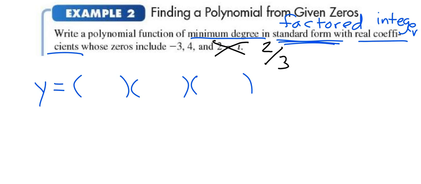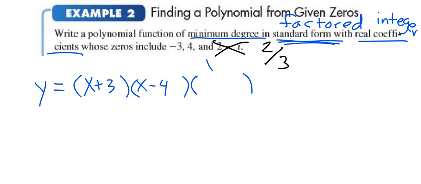Alright, so you know that you do x minus 4, so a lot of things that does. Okay, so I saw a lot of you x plus 3 and x minus 4.